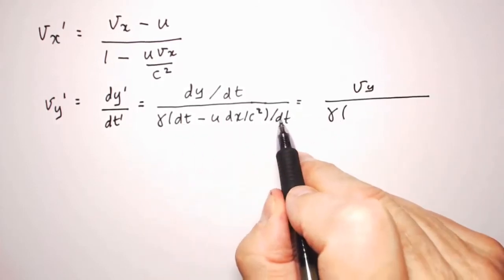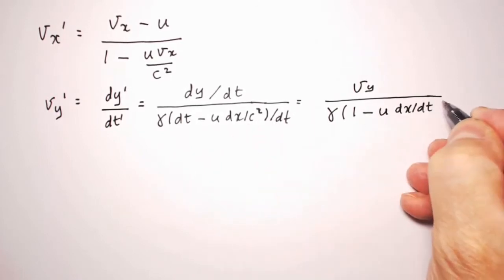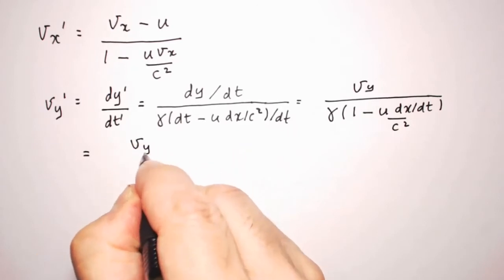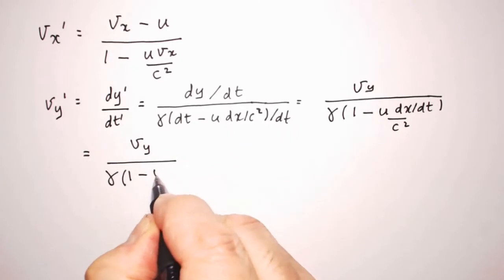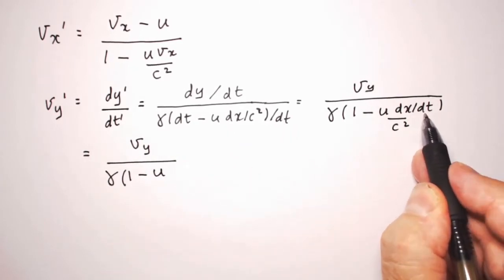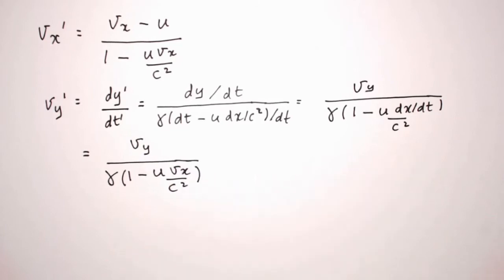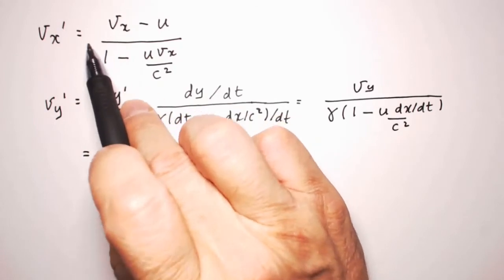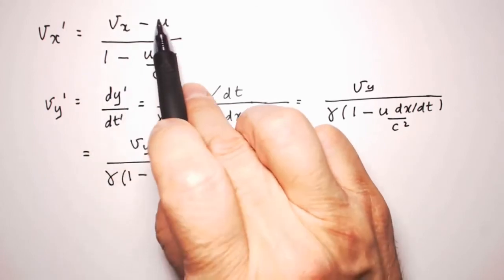Now dt divided by dt is 1, u is a constant, dx by dt is there and divided by c squared. So finally we have vy prime equals vy divided by gamma times (1 minus u vx upon c squared), since dx by dt is just vx. Notice that the vy transformation has a gamma below the line, but this factor here, 1 minus u vx upon c squared, affects both.